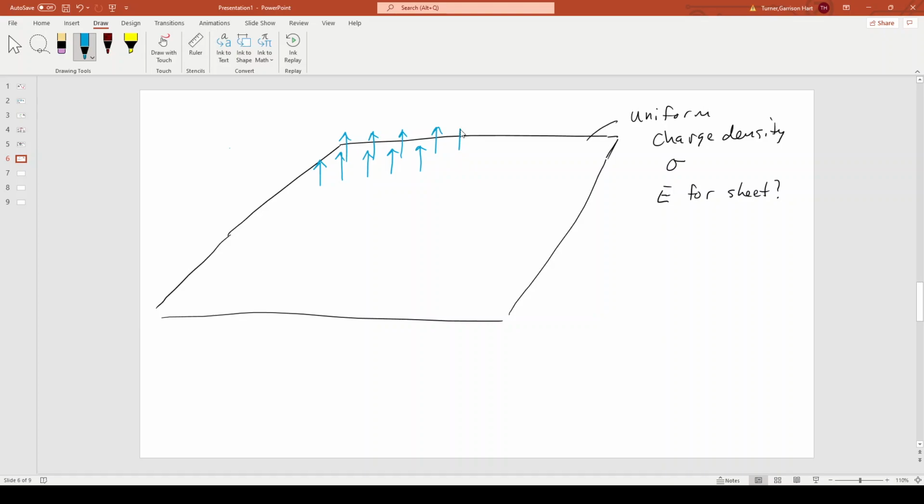And they're uniform, and so on. So what kind of surface can I draw that would capture flux that looked like this, right? So I will draw some field lines in the middle of the sheet here.